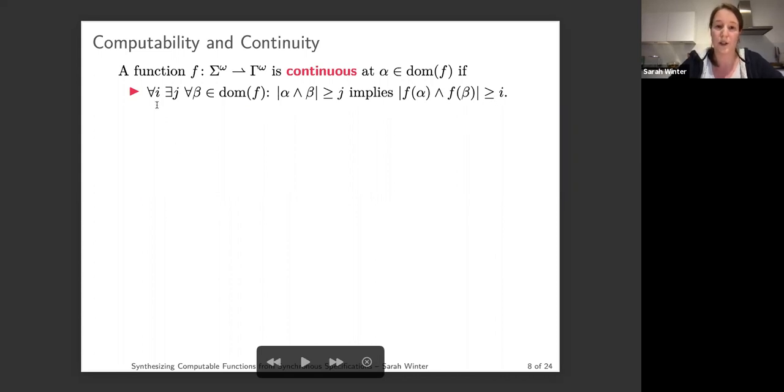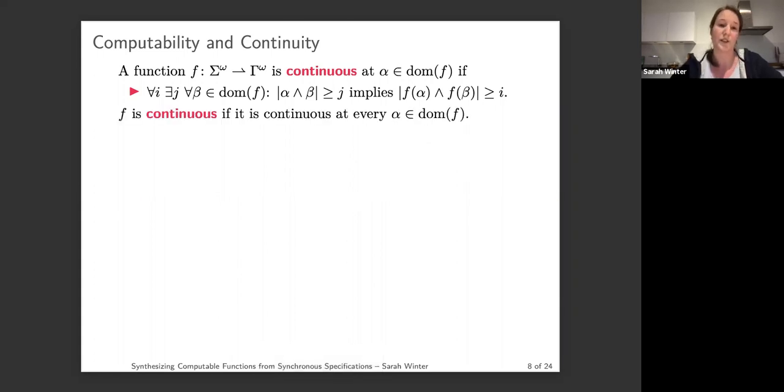So that means for every output length i, we can pick some j, such that for all values from the domain, if the common prefix of these words with alpha is greater or equal to j, then the common prefix of the values assigned by the function is greater or equal to i. And the function is called continuous if it is continuous at every possible value from its domain.